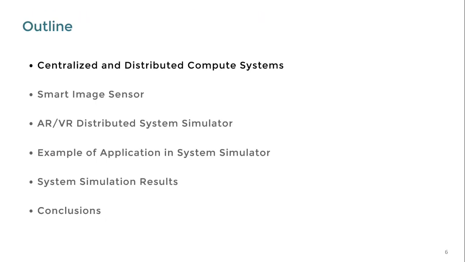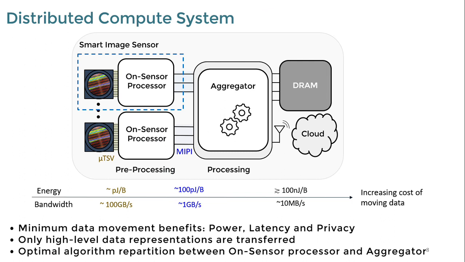On the other hand, in a distributed sensor compute, we will have a smart image sensor, in which the camera is very close to the on-sensor processor. And we can connect the camera to the on-sensor processor through micro TSV that has low energy and high bandwidth. Then we only send high-level data representations to the aggregator through MIPI. So this localized compute enables us to have huge benefits in power, latency, and privacy.